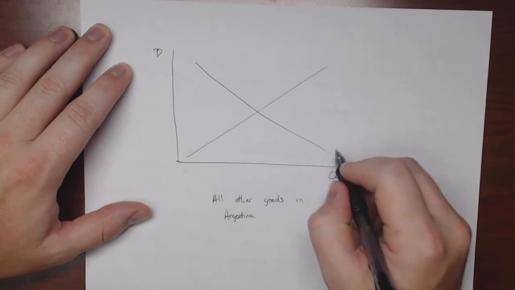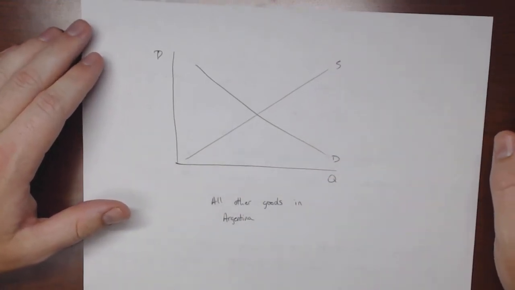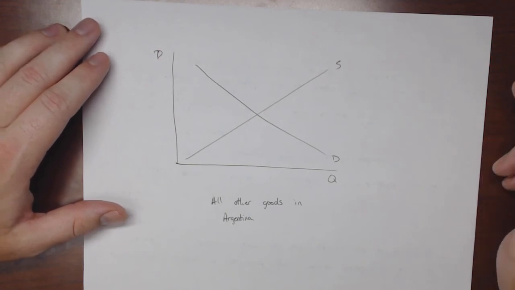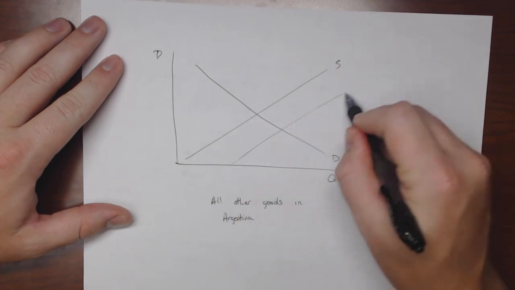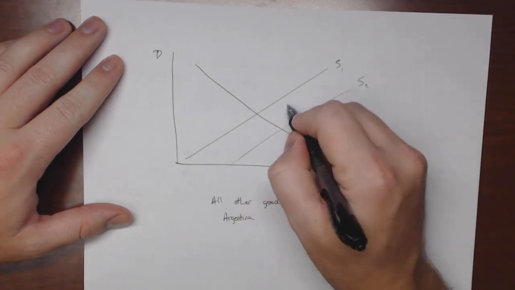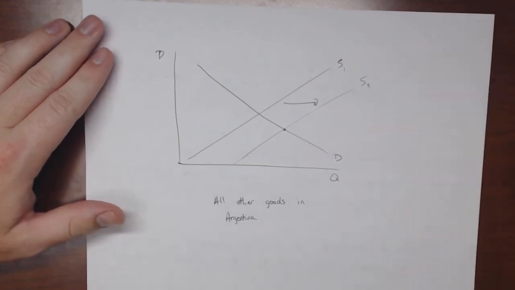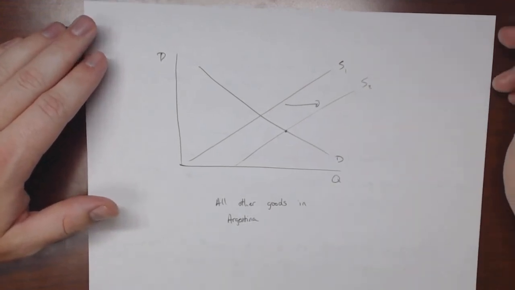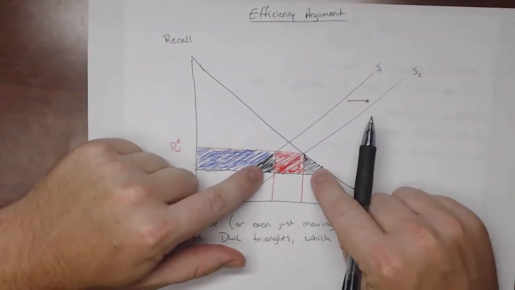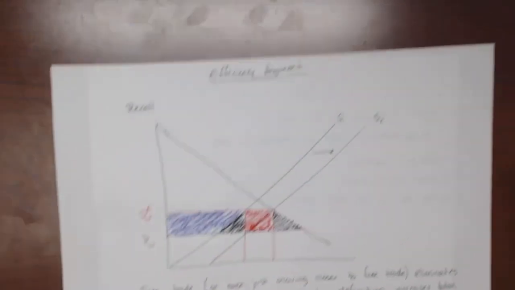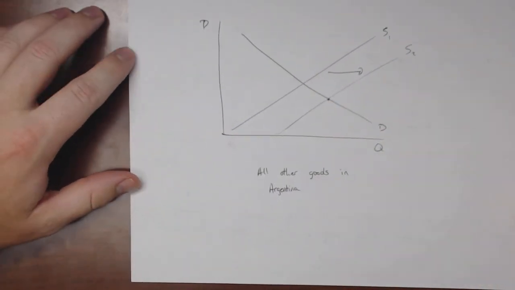If we had workers who suddenly lost their jobs at one of those 13 car manufacturers that go out of business, they go and work in other industries, which increases the supply for those and lowers the price for everyone else as well. So there's more to international trade than just these deadweight loss triangles. There can be further benefits in the form of all other goods suddenly becoming cheaper as well.